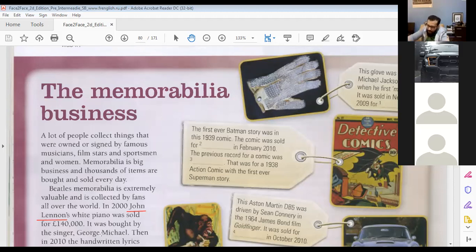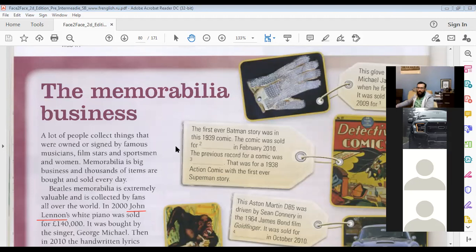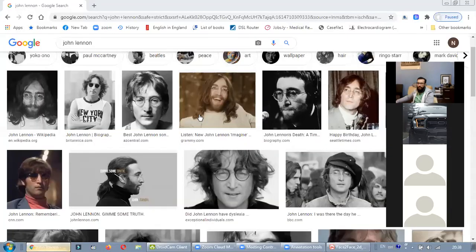I think if you see his photo, maybe you've seen him before. Let me show you a photo of him. This is his photo. Can you see his photo? Oops, let me turn this.